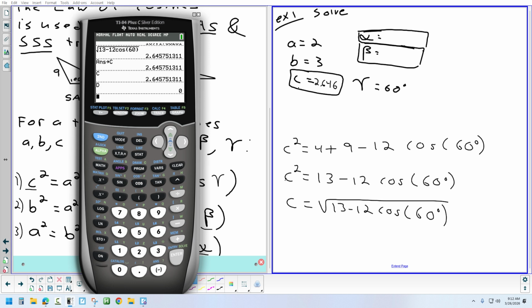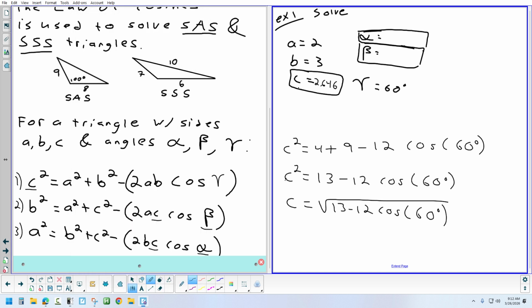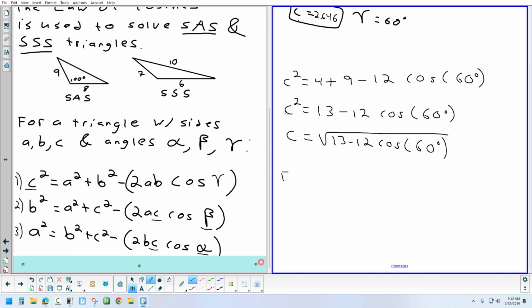Once you have all three sides, you can find any angle you want. So let's do alpha. Now we're using version 3. Let's start with a squared.